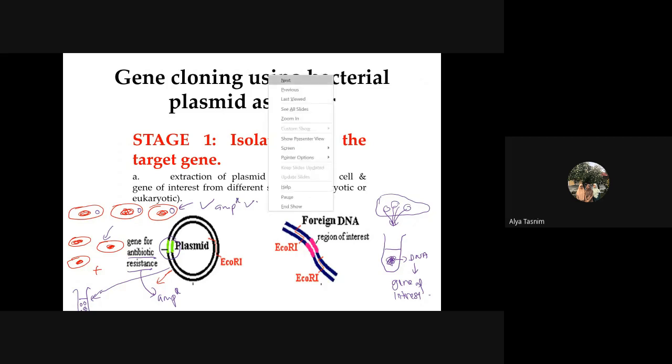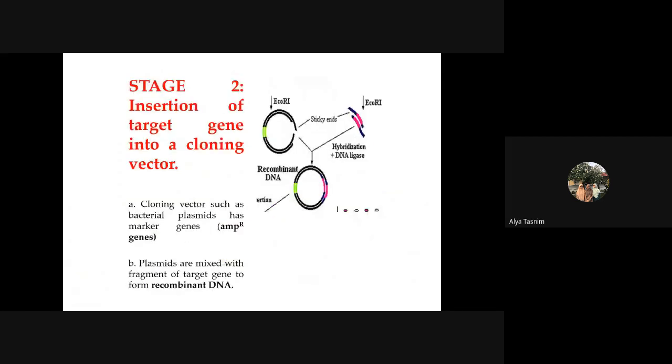So next. So insertion of target gene into a cloning vector. So cloning vectors such as bacterial plasmid has marker gene which is ampicillin resistant gene. Plasmid are mixed with fragment of target gene to form recombinant DNA.